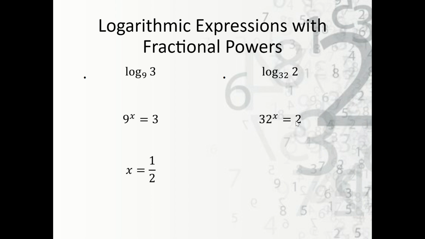Well, we can look at it this way: 2 to what power equals 32? 2 to the second is 4, and then 8, then 16, then 32. So that was 5 times. We know that 2 to the fifth power is equal to 32, so that means 32 to the 1/5 power equals 2. So x equals 1/5.